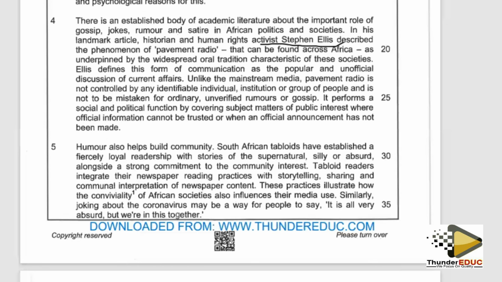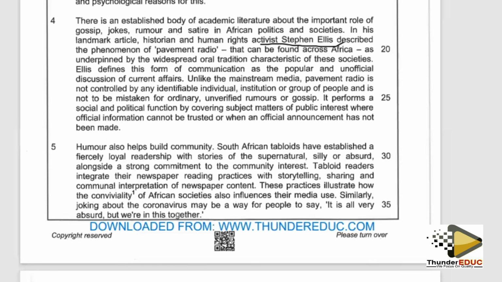He's talking about stories given to people, the supernatural, the silly, the absurd, which means they will be distracted and entertained so that they also have something to smile about and laugh about amidst the COVID-19 situation that we were having. So now we're very clearly going to be taking words like fiercely loyal.